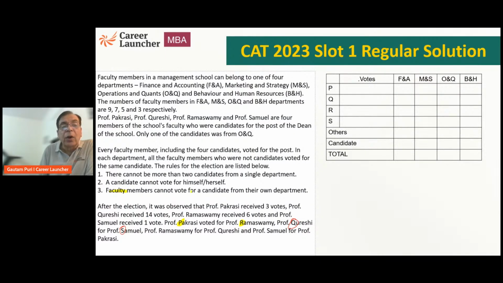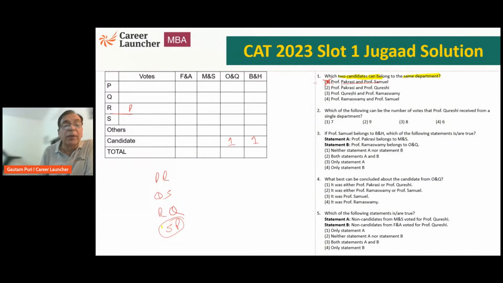Faculty members cannot vote for a candidate from their own department. Similarly, look at the others. RQ cannot be together. Choice C is wrong. That means either P and Q are from the same department or R and S are from the same department. We have eliminated two choices and made our task easier.